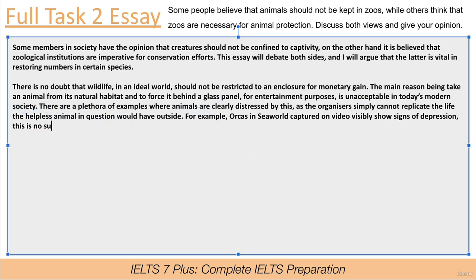This is no surprise when the tank is by no means large enough.